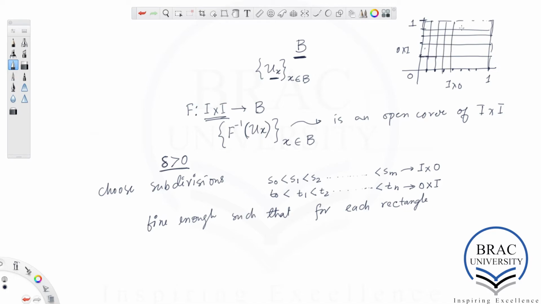These are the rectangles that we are concerned with.